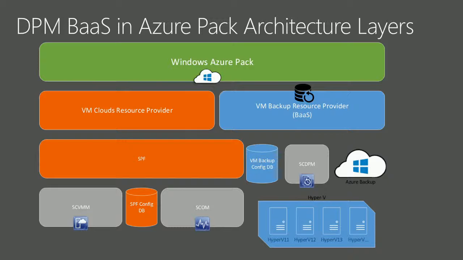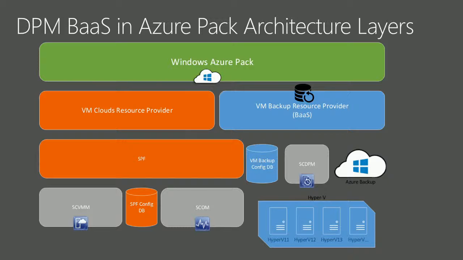And then on the next layer, you have SPF, which talks to Virtual Machine Manager. It has Hyper-V and your cloud management, and then your SPF config database. Then you have DPM on that layer as well, where it's actually doing the protection of the virtual machines.